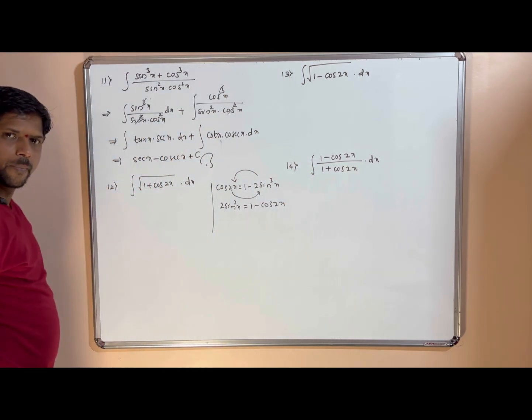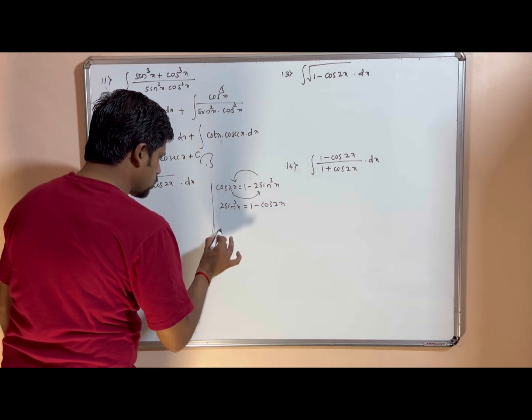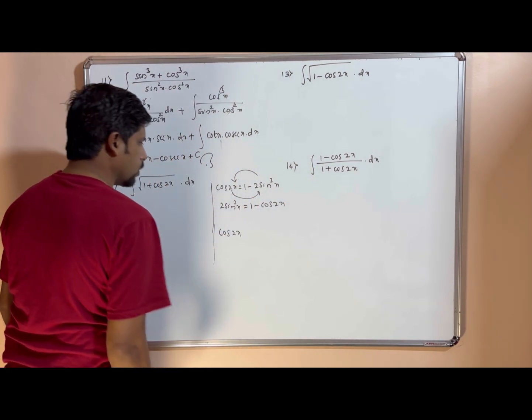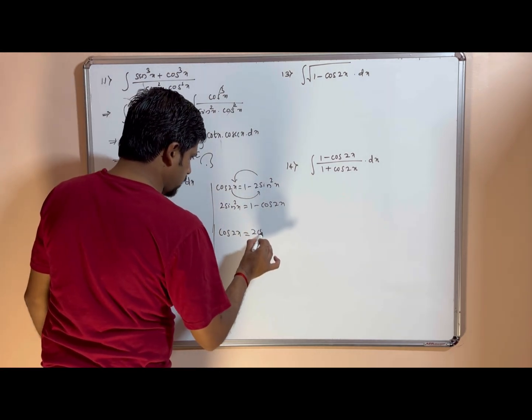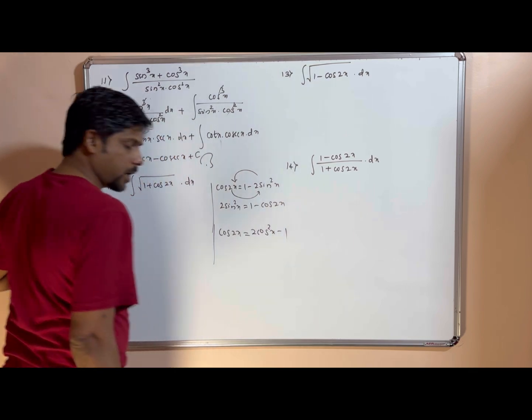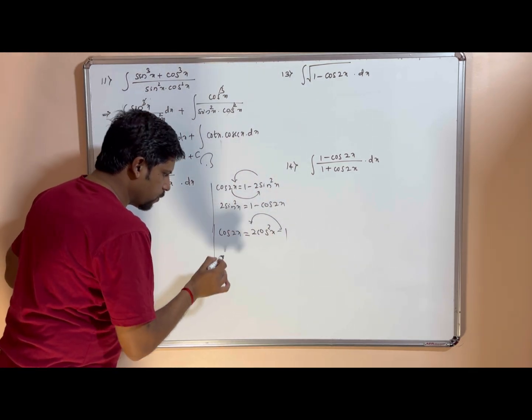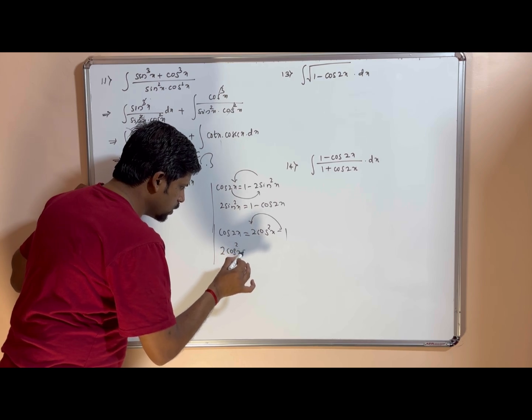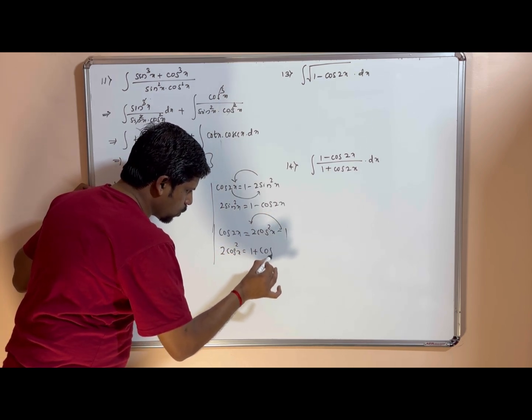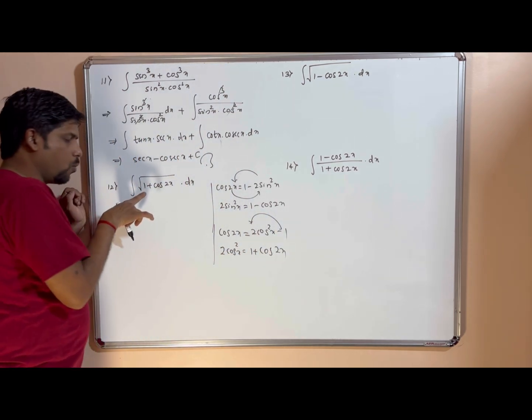This is one formula. Another: cos 2x is equal to 2 cos square x minus 1. Take this minus 1 to this side. We get 2 cos square x is equal to 1 plus cos 2x.